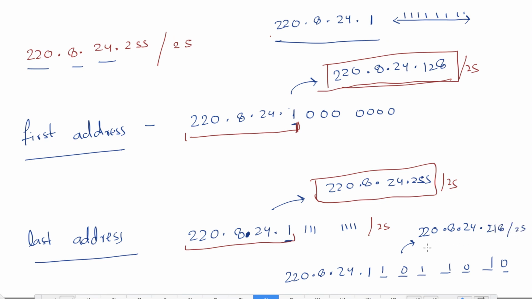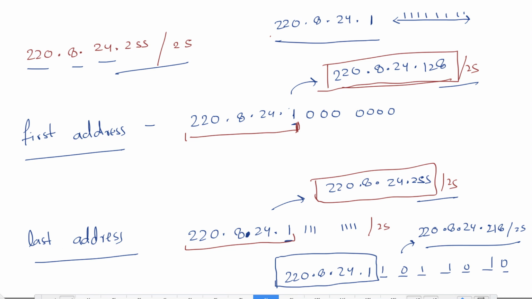Either you say this, this, or this, everything is the same, because in all of these the initial 25 bits are fixed. You are changing only the bits that are anyway changeable. These all are representing the same network. I hope you got the idea.